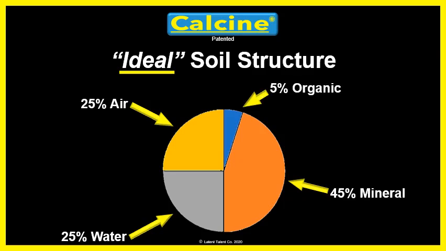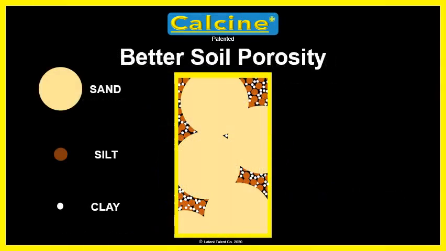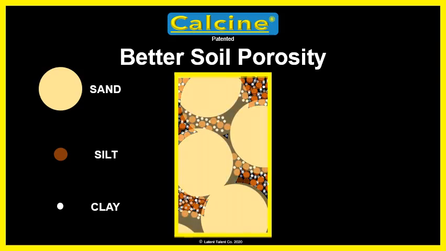What's important about this structure is that it depicts soil as being 50% solids and 50% pore space, equally divided between macropores filled with air and micropores filled with water. Because of calcine's effect on soil structure and flocculation, it provides greater overall soil porosity and a better balance between macro and micro pore spaces.